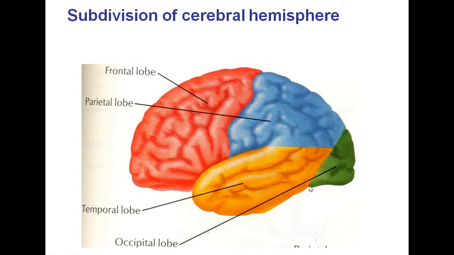This is the pre-occipital notch. Again it is 5 centimeters from the occipital pole. So you mark 5 centimeters, 0.5 centimeter bone, that is the pre-occipital notch.